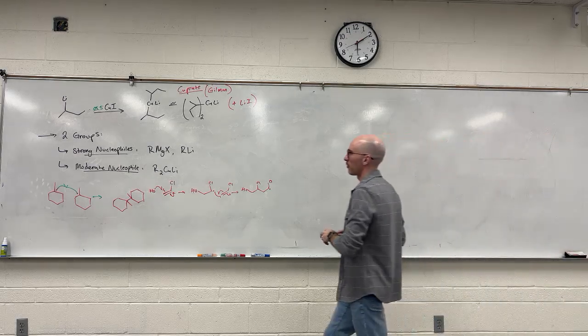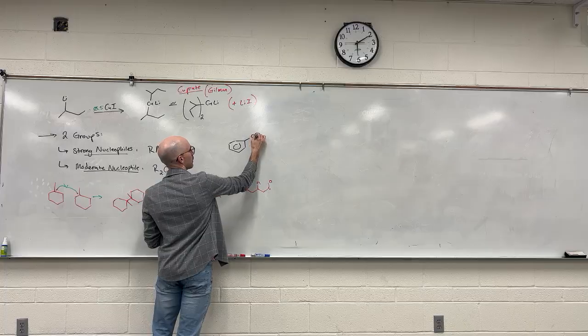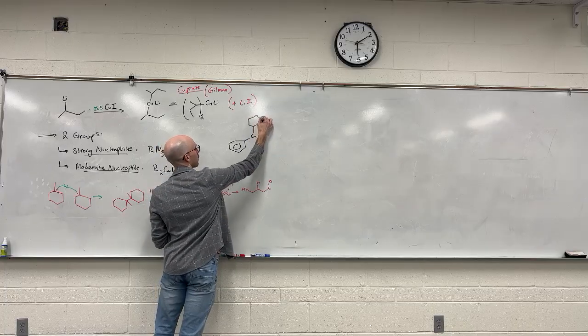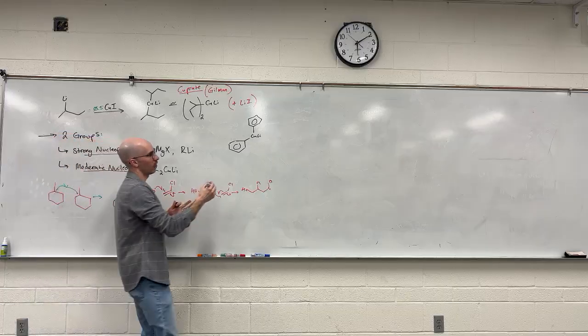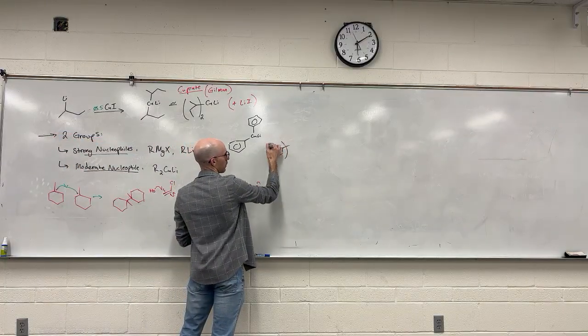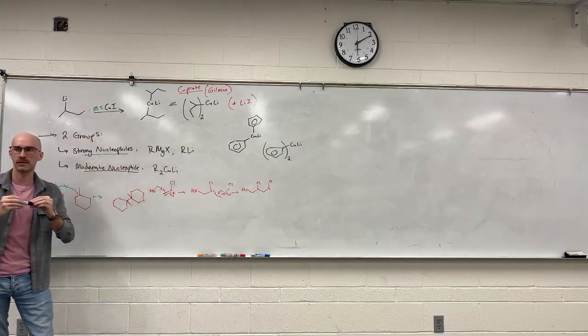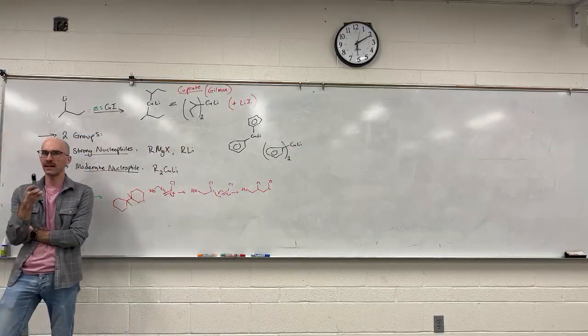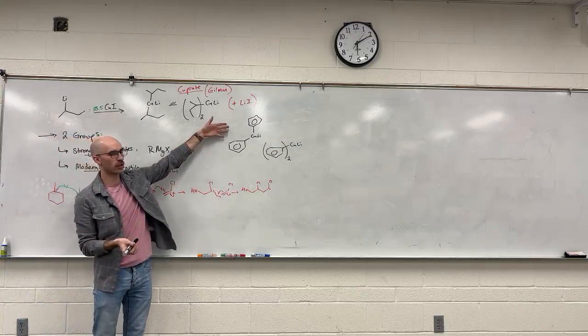You should have come up with something that looked like this, or if you don't hate yourself and you wanted to make it a little bit easier, then you could write it like this. You know, I should take back what I said. You don't have to hate yourself to draw it like this.